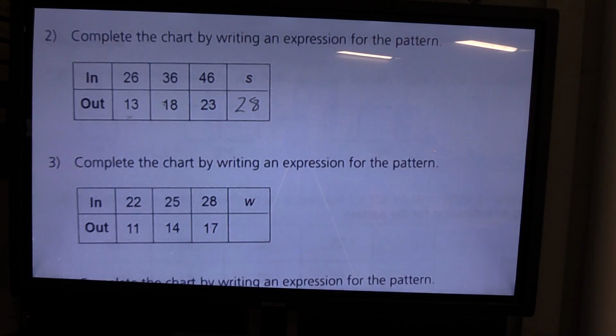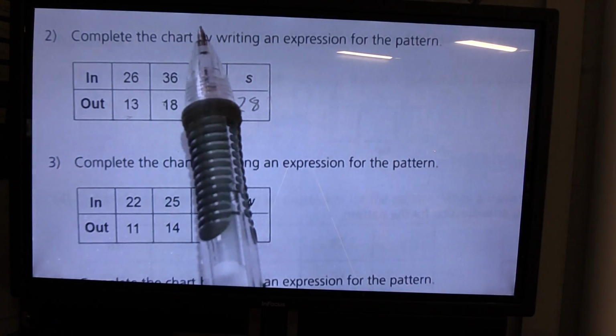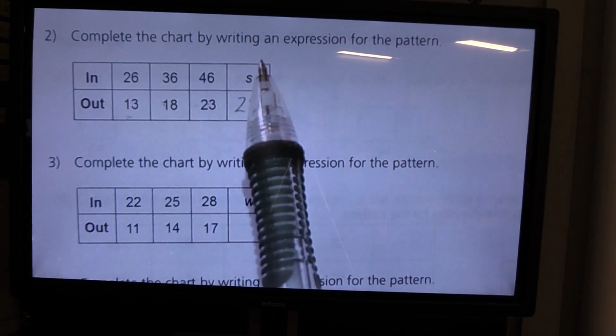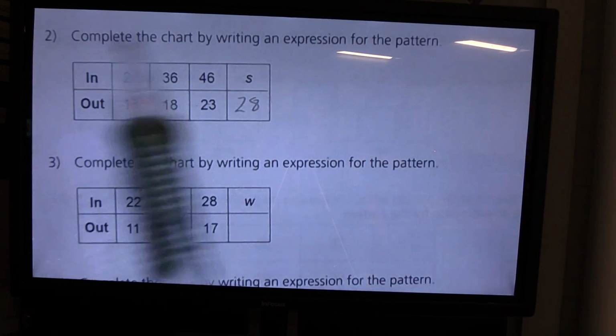That's not what you're doing. You're not just completing the chart.